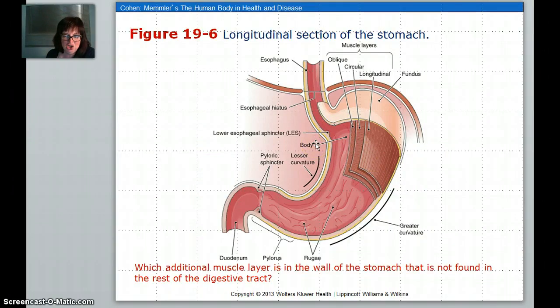It's this muscular churning that will help mix up the juices in the stomach, and will also start turning the food in the stomach into more of a paste called chyme, C-H-Y-M-E. And that paste will then go out into the small intestine.